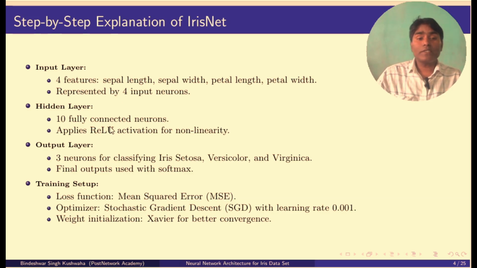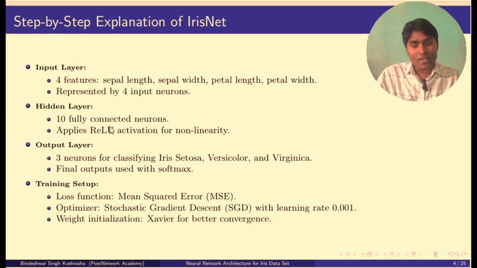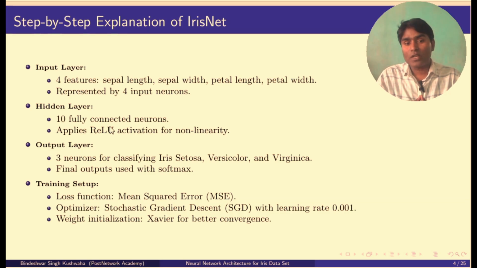Now the training setup: mean squared error, and the optimizer is stochastic gradient descent with a learning rate of 0.001, and for weight initialization we will use Xavier, which has the property of good convergence.